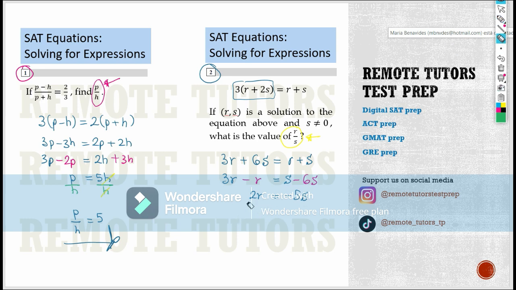So we will divide both sides by 2 times s. If we divide both sides by 2 times s, here we will eliminate the 2's, and on the right we will eliminate the s terms. So finally we get r over s equals minus 5 over 2.